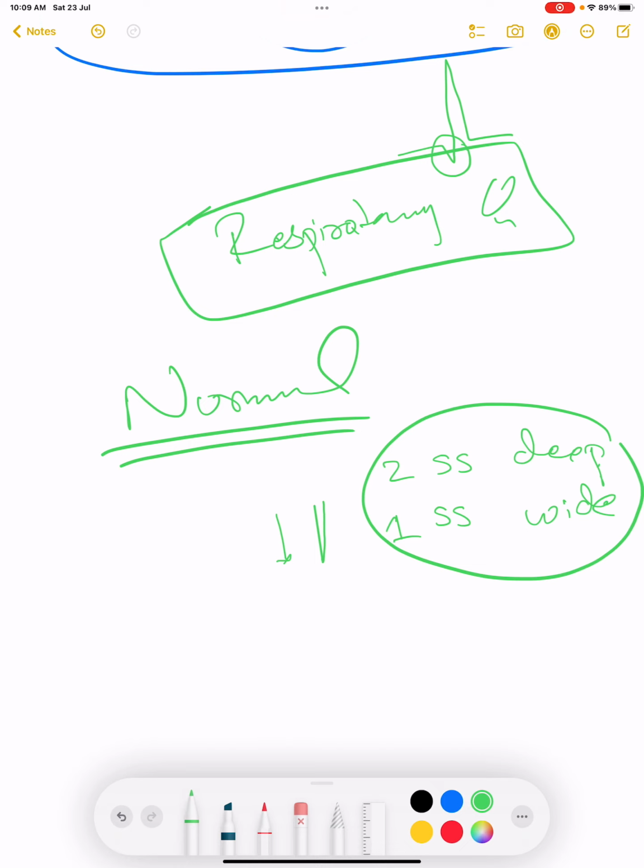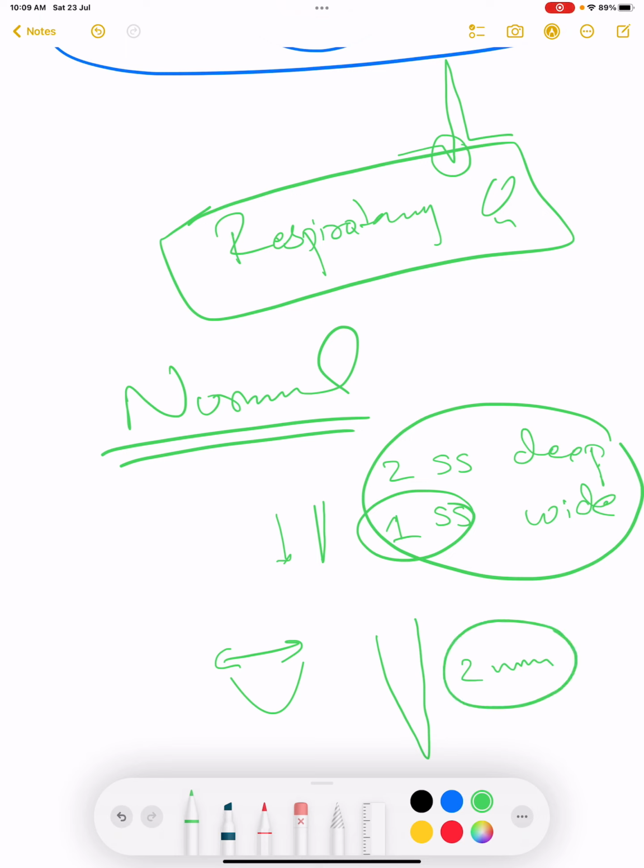So if any Q wave is more than 1 small square wide, it will not be a normal Q wave. Or if a Q wave is very deep, more than 2 millimeters or 2 small squares deep, again this is not a normal Q wave, it will be a pathological Q wave.